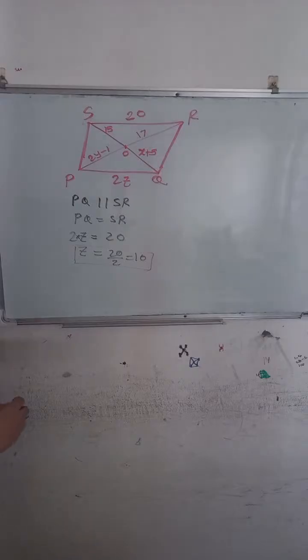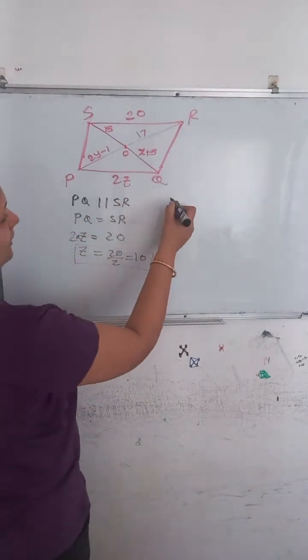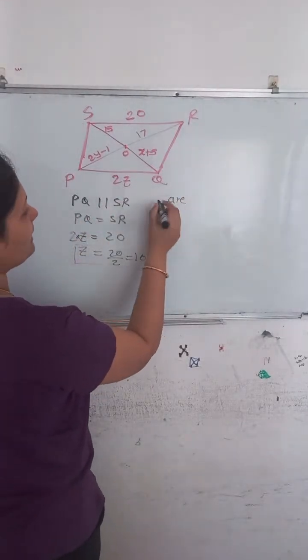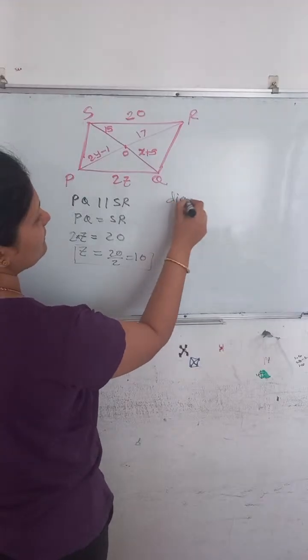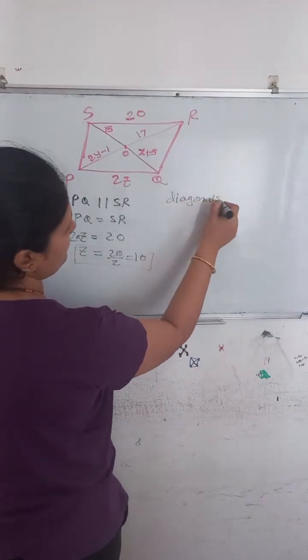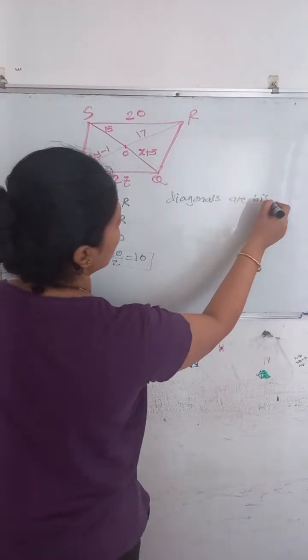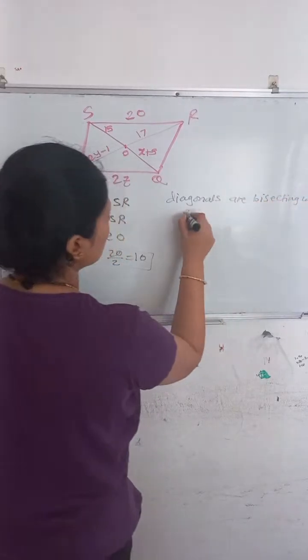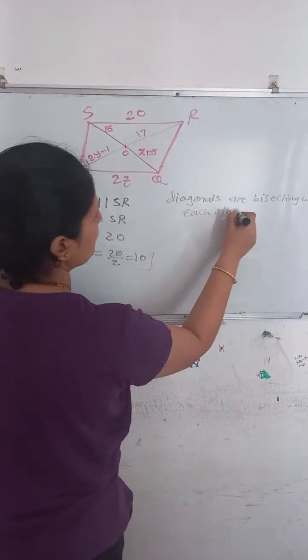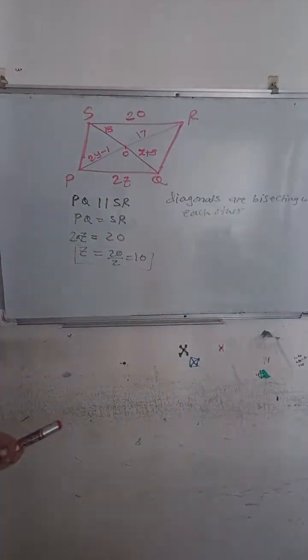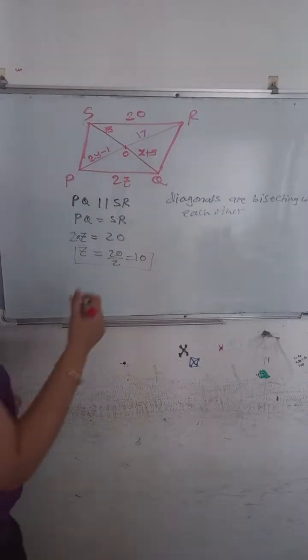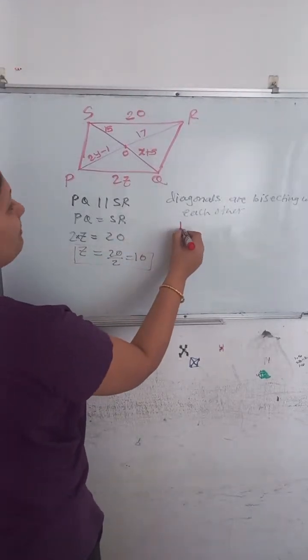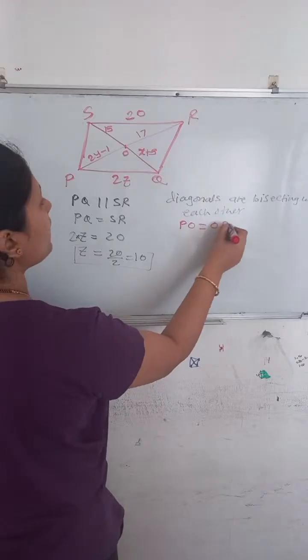Now we have to find x and y. As I told you, the diagonals are bisecting each other. Then we can write PO is equal to OR.